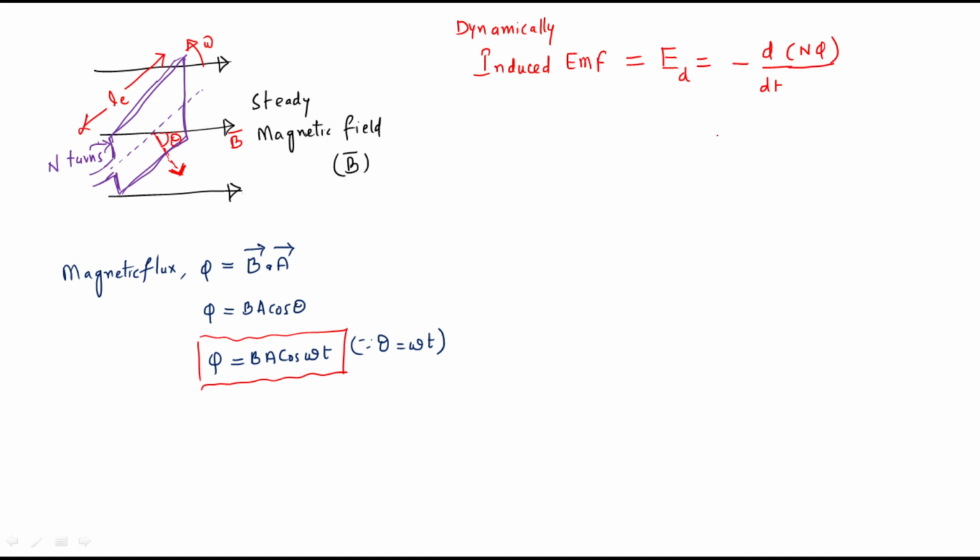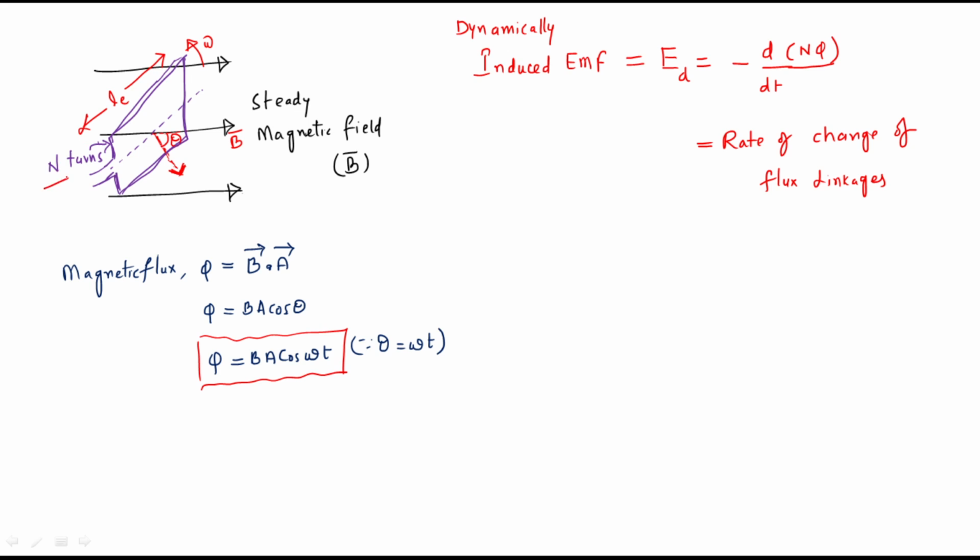The rate of change of flux linkages is nothing but the dynamically induced EMF. This is the formula, the magnitude of dynamically induced EMF: ED equals minus d by dt of n phi.